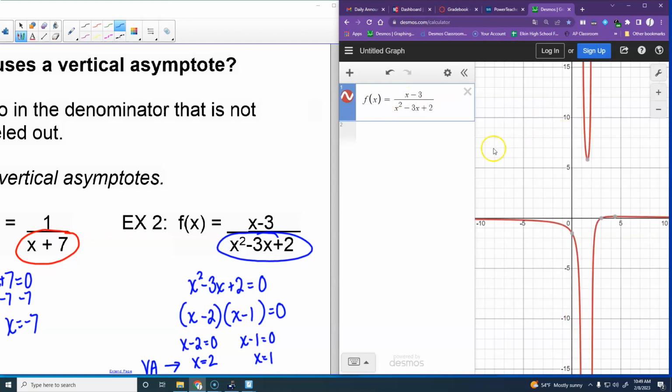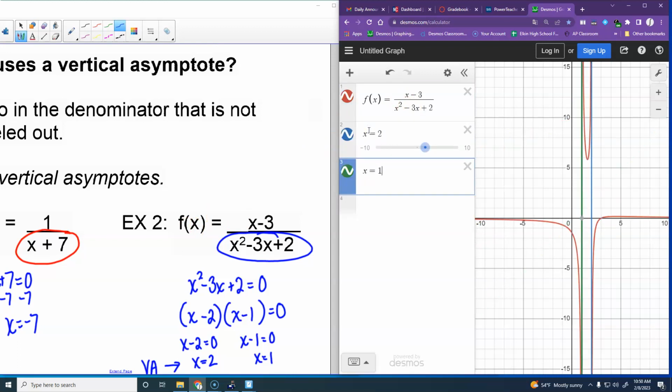If I type in x equals 2 and x equals 1, you can see those look like vertical asymptotes on your graph. So you're welcome to check your work that way, but just know whenever you see these problems, they're going to be calculator inactive. So you're not going to be able to do that on the test or quiz for this.